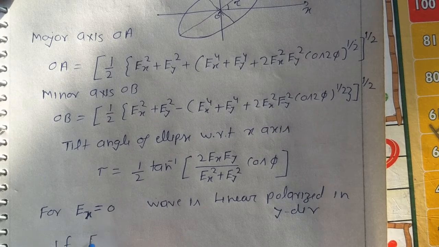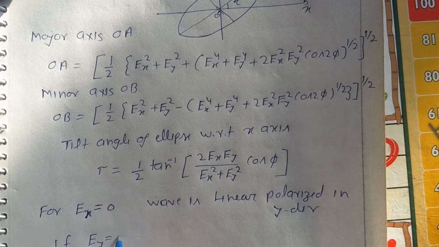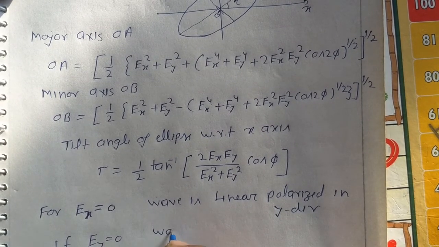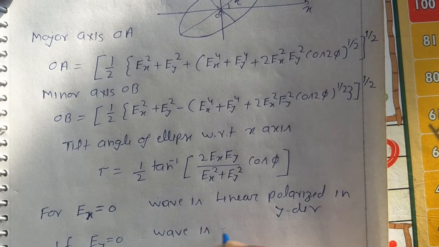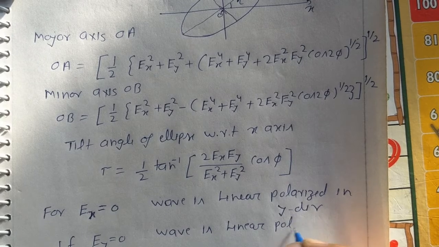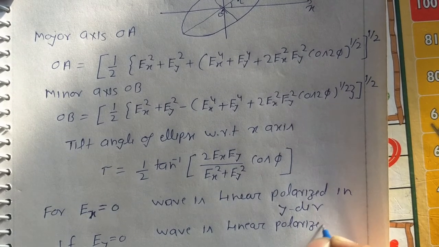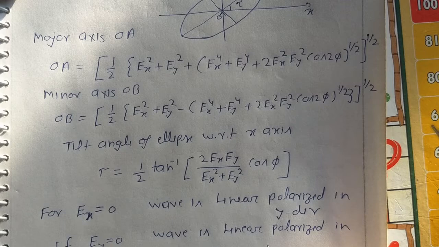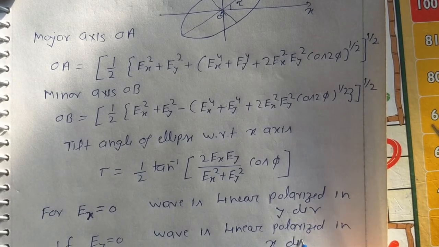If Ey equal to 0, the wave is linear polarized in X direction.